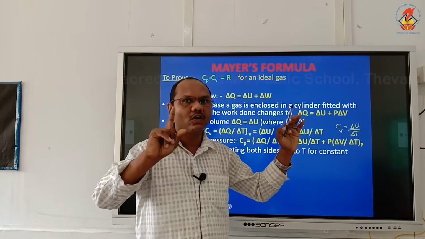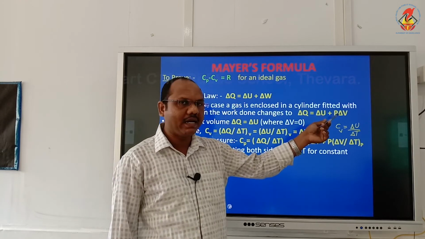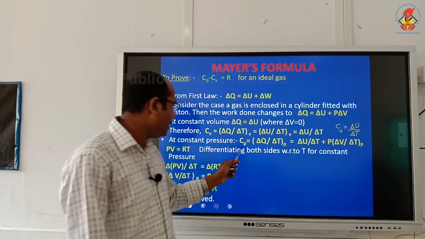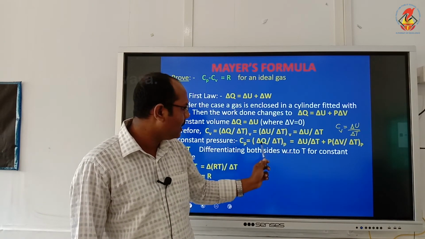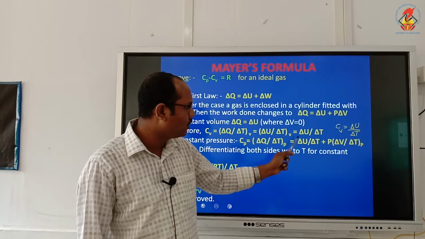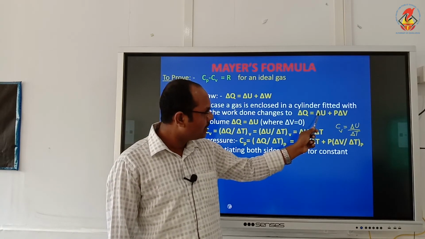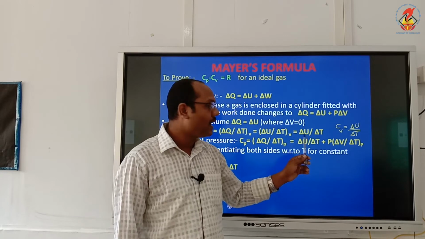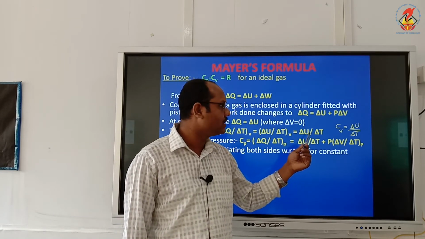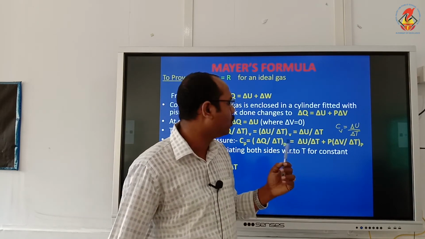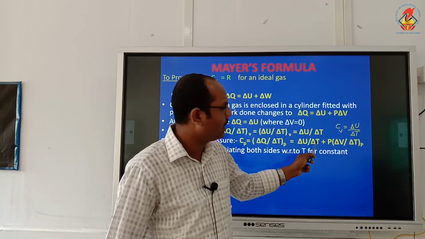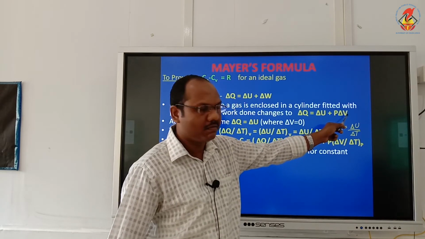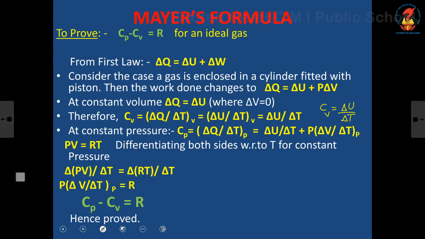So, dividing by delta T, Cp is equal to delta Q by delta T at constant pressure, equal to the second term, delta U by delta T, and I told you internal energy is a state variable, so you do not have to write constant volume or constant pressure, plus the third term, P into delta V divided by delta T at constant pressure.